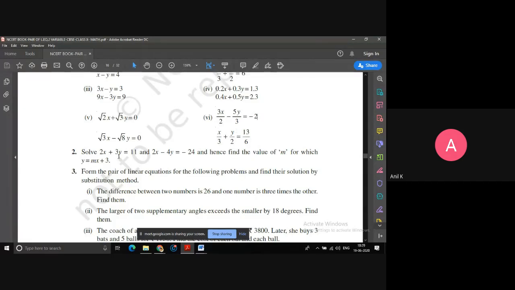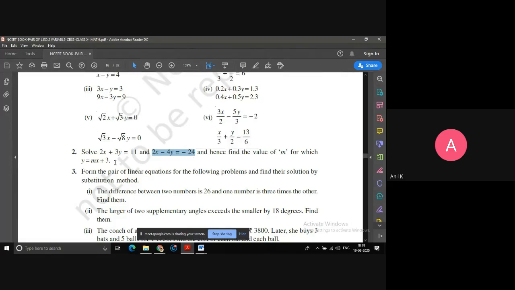Okay. Now here see the question number 2. Solve these two pair of linear equations and hence find the value of m for which y equals to mx plus 3. So in this question, you have equation 1, 2x plus 3y equals to 11, and equation 2, 2x minus 4y equals to minus 24.